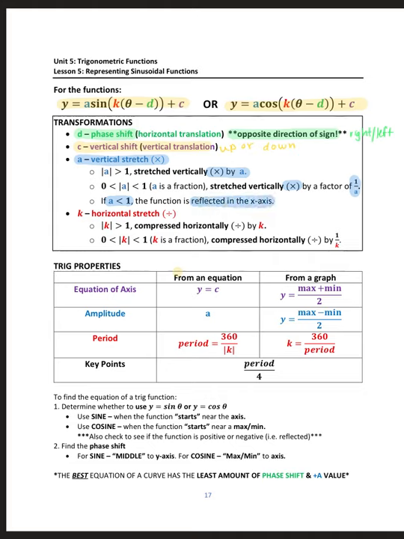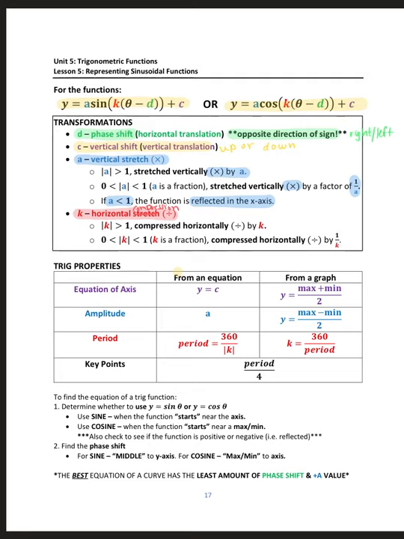The last transformation we've talked about is our horizontal stretch or compression. So k represents a horizontal compression. When we think compressed, we should be thinking divided by. So that's why we take our k value and we're dividing everything by that k value.